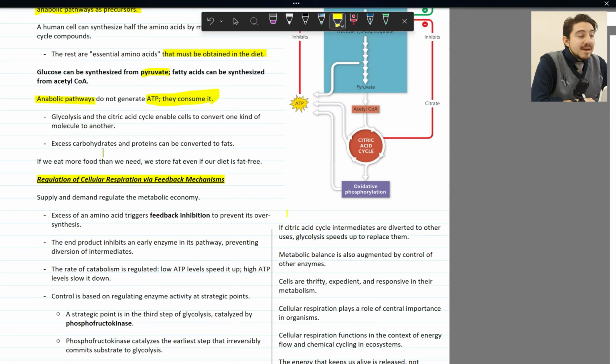Excess carbohydrates and proteins can be converted into fats. This is quite interesting, because if we eat more food than we need, we will store it as fat, even if your diet is completely fat-free. Because of this interplay between different molecules, you can ultimately produce fat. So that's quite interesting there.